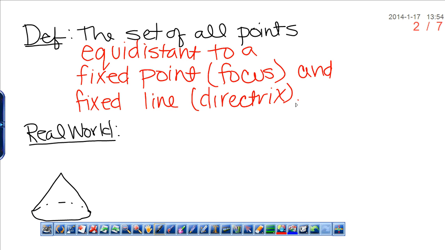The set of all points equidistant to a fixed point called the focus and a fixed line called the directrix.